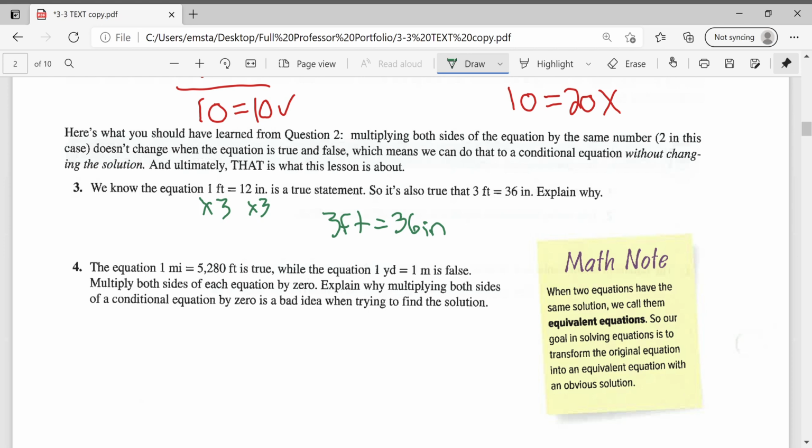Now 4 gives us an interesting problem to look at. The equation 1 mile equals 5,280 feet is true. That's a true statement. One yard equals 1 meter is a false statement.